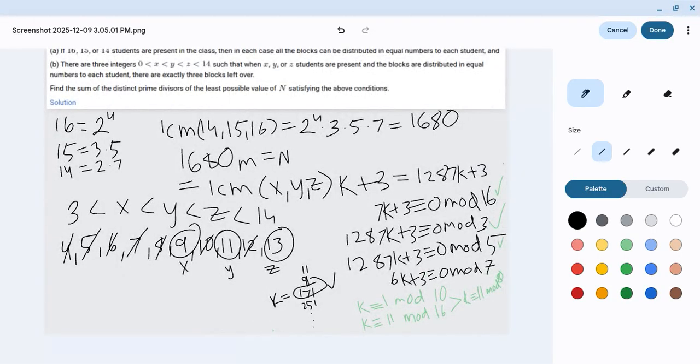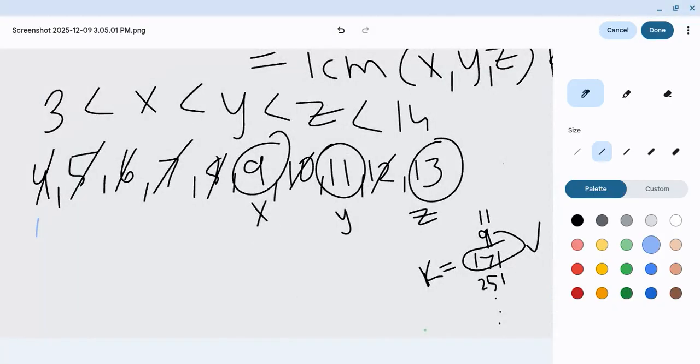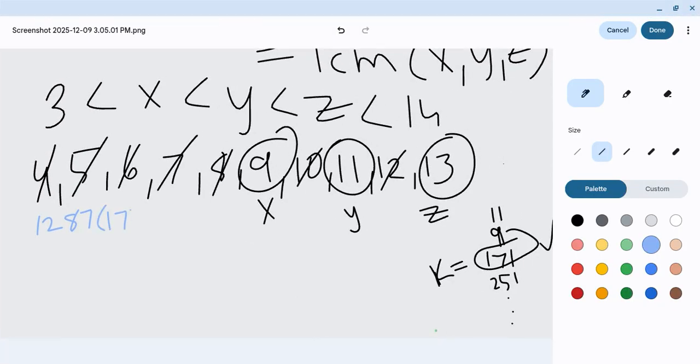So now all we have to do is plug in k for our expression to solve for n, and then find the prime divisors of that. So now it's just pretty much straightforward computation. We have 1287 times 171 plus 3.